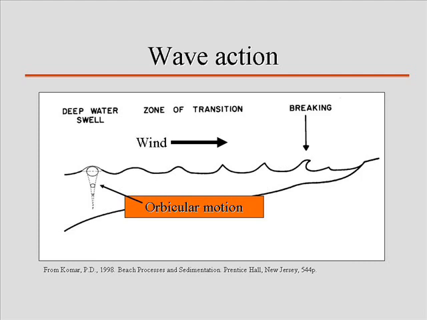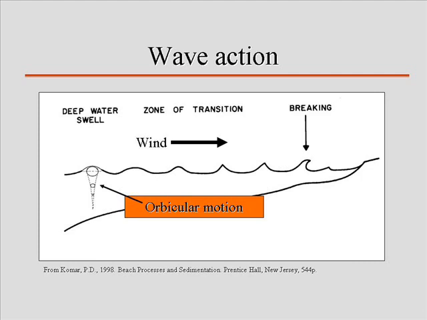Okay, so the idea now is when the wind starts to blow, the top part of the ocean water tends to be thrown into these big orbitals, like so. Okay, so here's an explanation for what you're going to get. The idea now is that water molecules will follow this type of motion as the waves come by and go past it. It stands to reason that since this is a wind-generated phenomenon, the deeper you go, the less influence the wind is going to have in the water, and the orbitals start to close up.